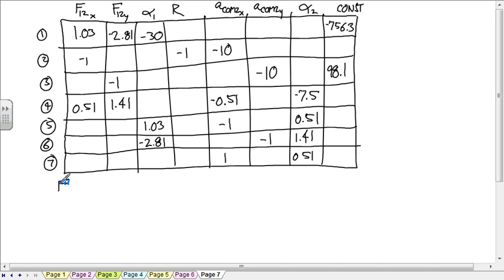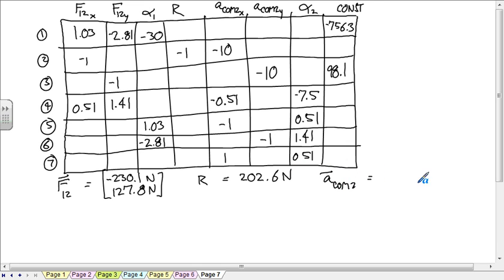And the answers I got are F12 is negative 230.1 newtons, 127.8 newtons. R is equal to 202.6 newtons. The acceleration of the center of mass of 2 is equal to 2.75 meters per second squared, negative 22.6 meters per second squared.